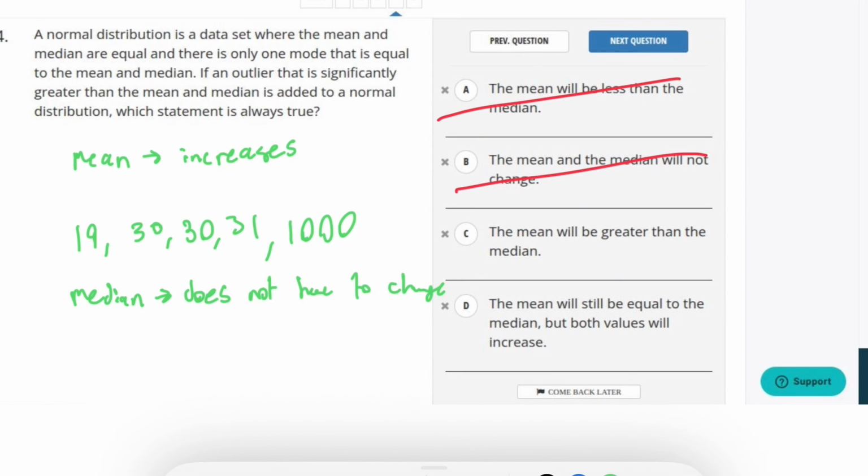Still, in this case, the median will be 30 and the mean will be much greater. So the mean will be greater than the median 100%. And lastly, we can cross out the last answer choice because it says the mean will still be equal to the median, but both values will increase. So we already went over that the median does not have to change. So that is incorrect. So our answer is C.